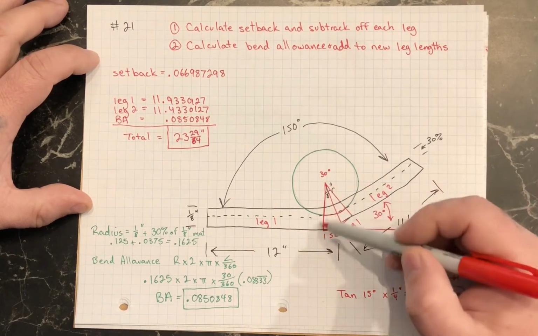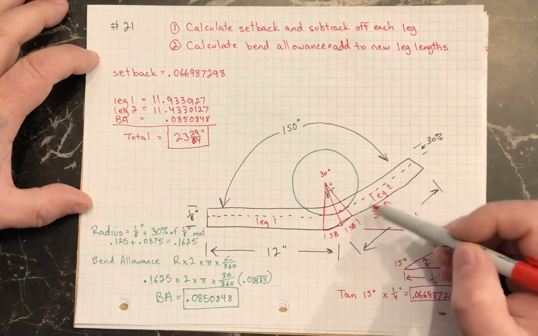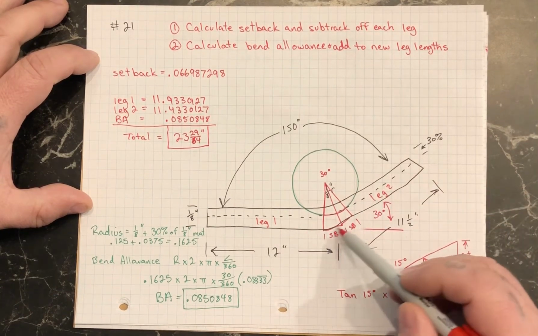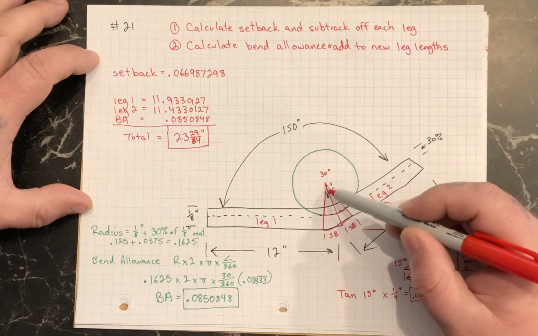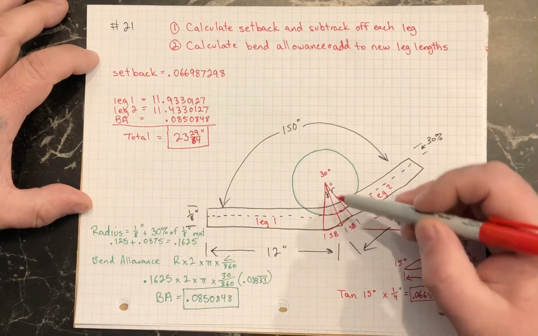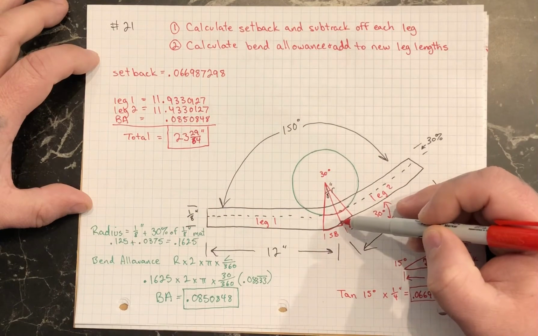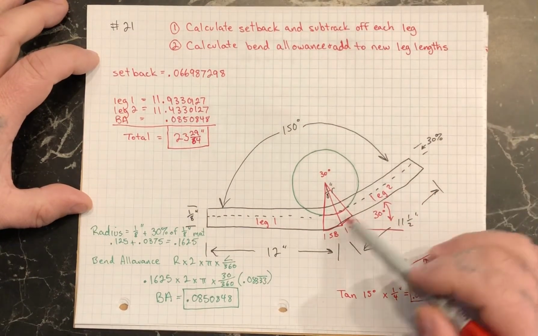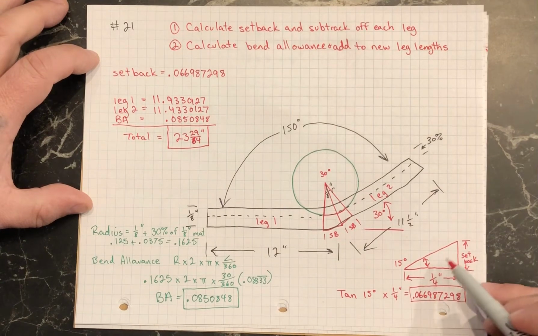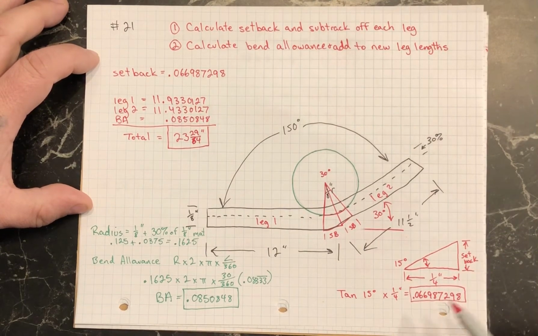Whatever angle this is, this angle here will be the same. This is how we isolate the straight sections from the part that's actually bending, and that's where we find our setback. If we have that 30-degree triangle and cut it right in half, we end up with two 15-degree triangles. Hopefully you remember this. So I've drawn the 15-degree triangle here.